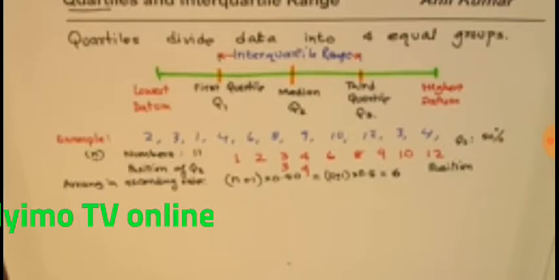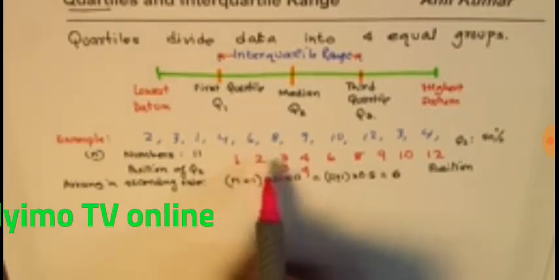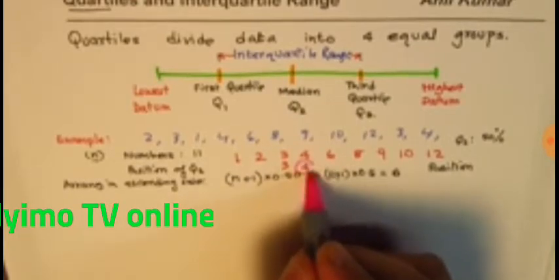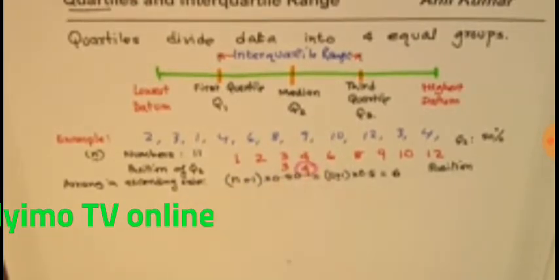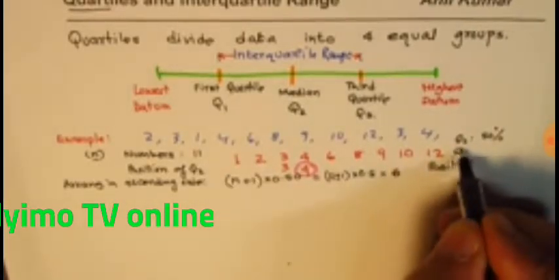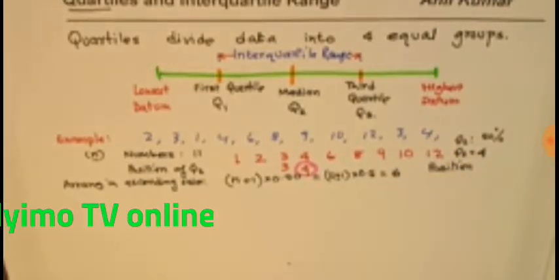Let's circle the number at the sixth position, which, starting from the left, is 1, 2, 3, 4, 5, 6. So the number 4 here is the second quartile. You get the idea, right? So from here, we can say that Q2 is equal to the number 4.